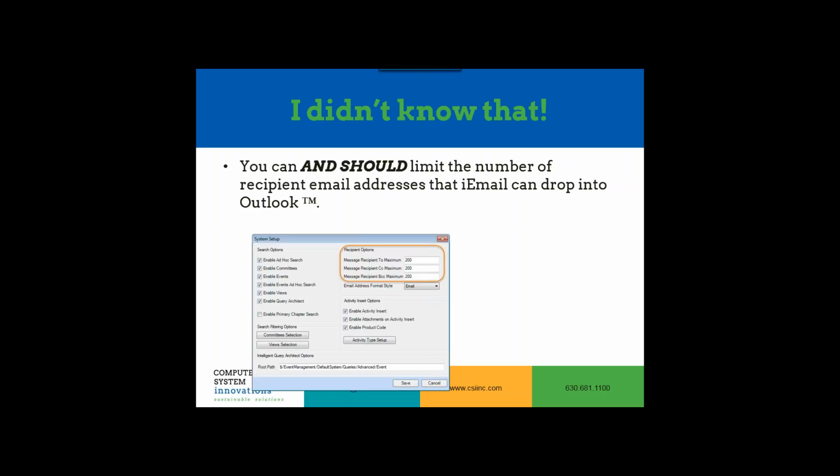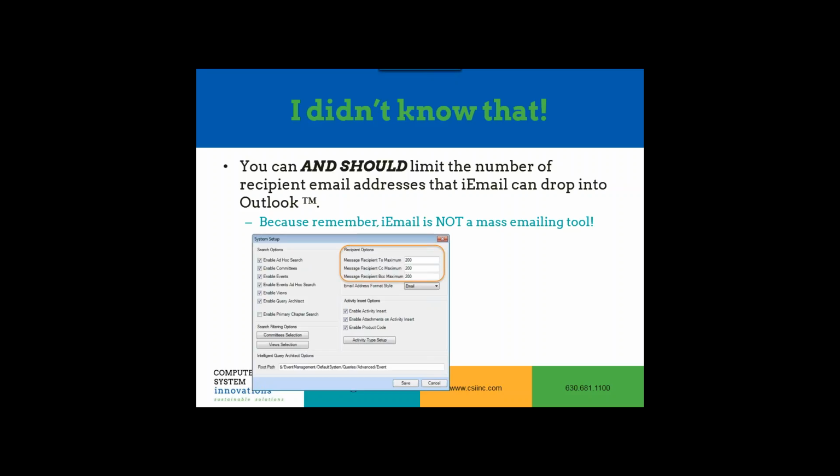I said a couple times that iEmail is not a mass emailing tool. Out of the box, it will limit the number of email addresses you can drop onto the To to 200, CC to 200, and BCC to 200. Feel free to adjust these to taste. Ultimately, your SMTP server, which could be Exchange, Office 365, or Gmail, is going to have a limit.